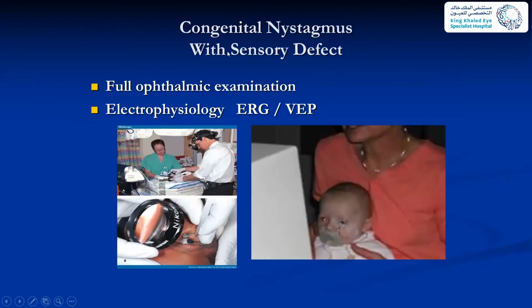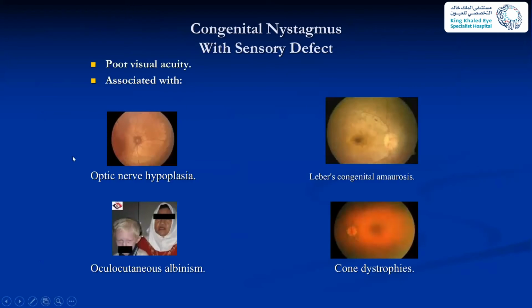Now, congenital nystagmus with sensory defect: after you do a full ophthalmic examination, including electrophysiology, electroretinogram and visual evoked potential, we will be able to know whether this patient has poor vision associated with, for example, optic nerve hypoplasia, or oculocutaneous albinism, Leber congenital amaurosis, cone dystrophy, retinitis pigmentosa, rod-cone dystrophy, or something you see in the ophthalmic examination, including ERG and visual evoked potential, and you consider that this abnormal movement is secondary to the ophthalmic finding.